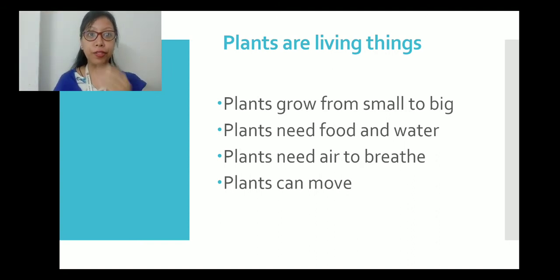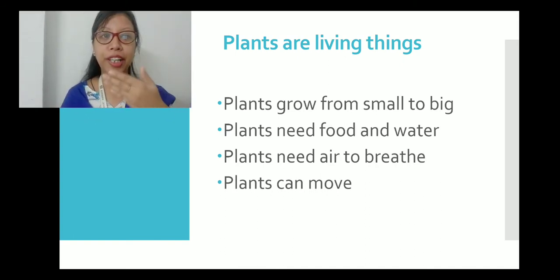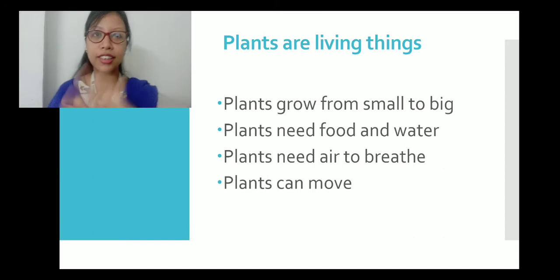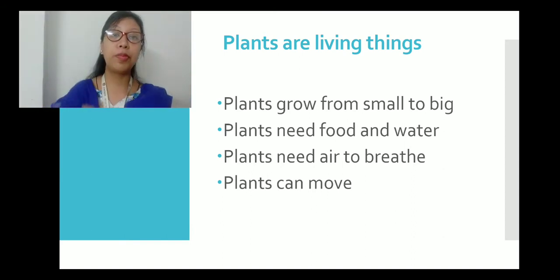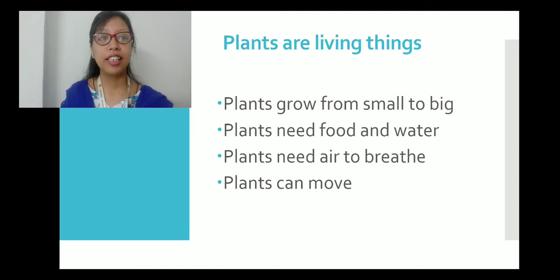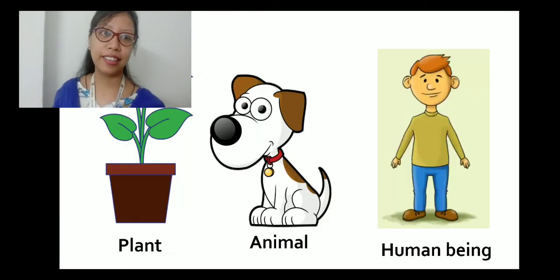Plants need food and water. Plants need air to breathe. And also plants can move, right? So these are the properties of plants. Therefore, we can conclude that plants are living things.